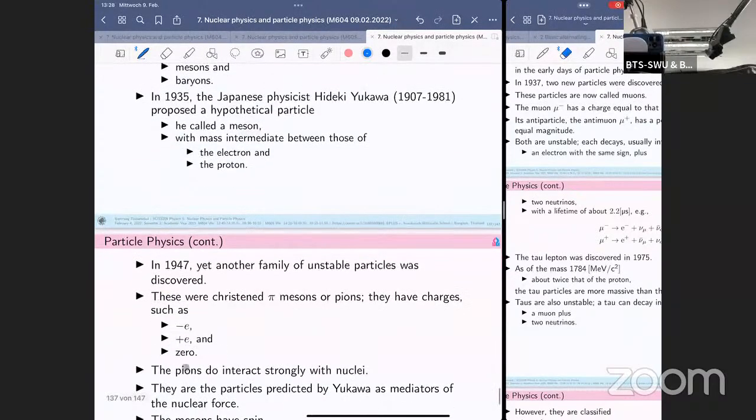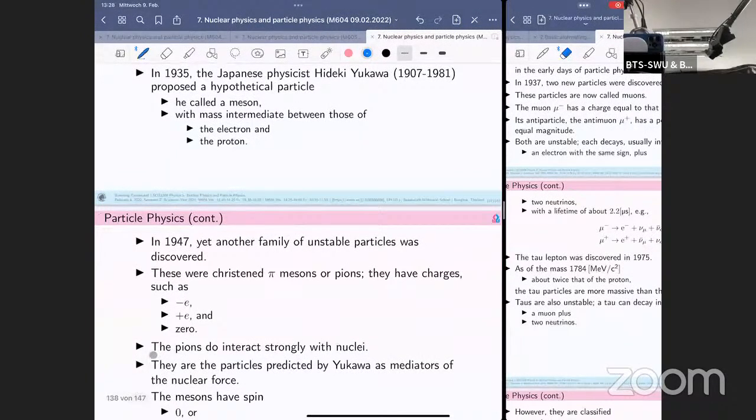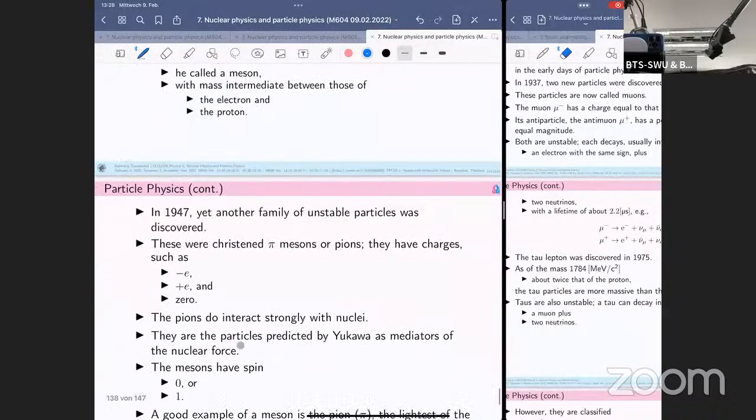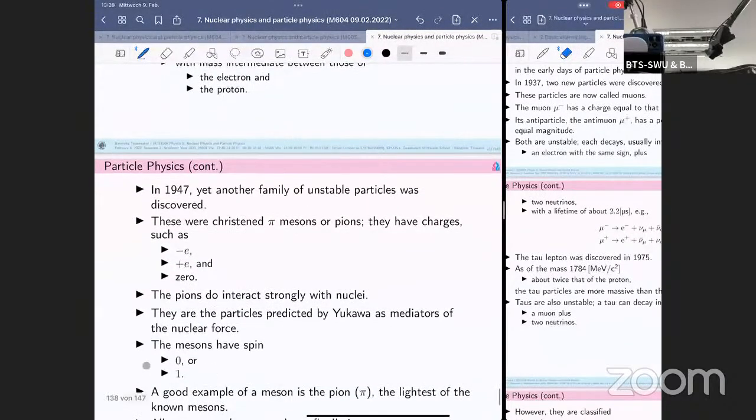Pion zero has no charge at all. The pions interact strongly with the nuclei. They are the particles predicted by Yukawa as the mediators of the nuclear forces. The meson have spin 0 or 1.